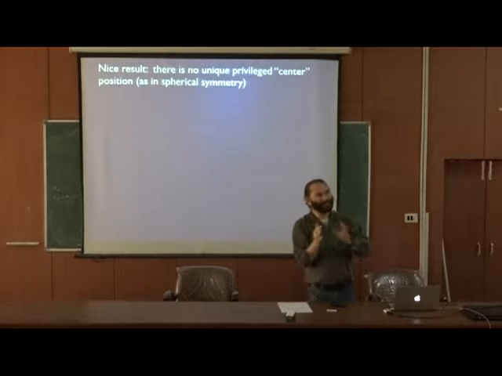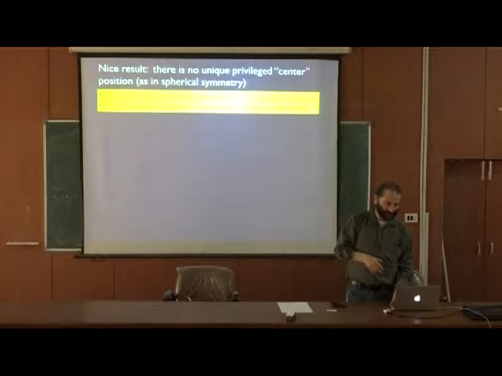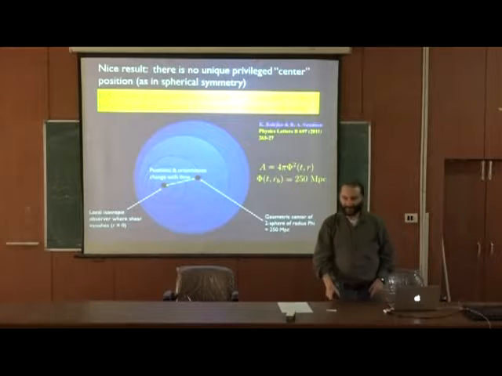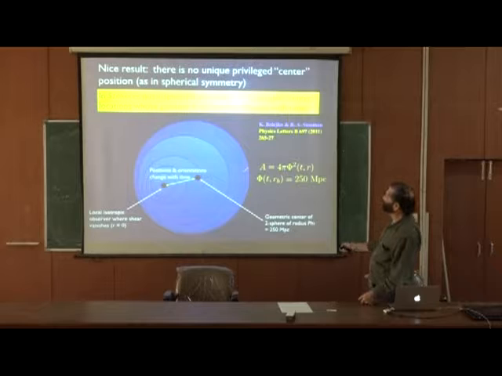So it becomes more subtle. It becomes more interesting because, suppose that you take a chunk of 250 megaparsecs of spherical symmetry. The center of all these non-concentric spheres is interesting because that's where the shear tensor vanishes.